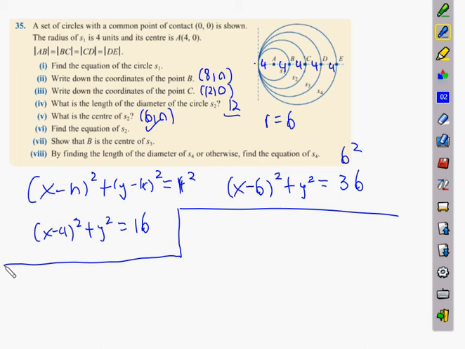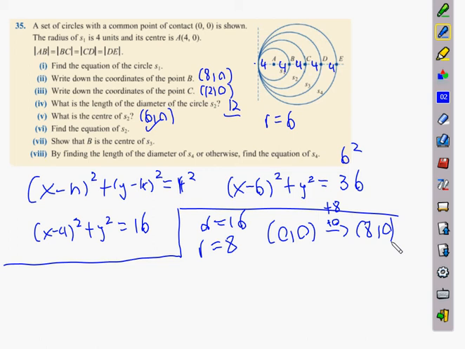So you basically say the diameter equals 16, radius equals 8, and then you could do a translation of 0, 0 plus 8, 0 gets you 8, 0, which is the point B. So you basically just do anything that proves it's half the diameter. Well, yeah, because the circle touches 0, 0, it's on the same line. So just that.